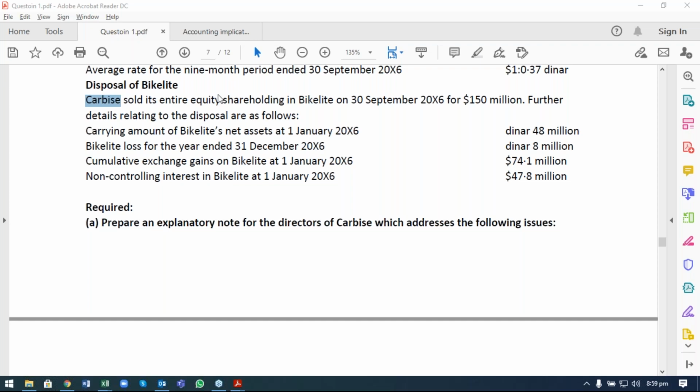So the parent tells the NCIs, this is your total share of profit and loss account and other comprehensive income. I'm not going to bifurcate profit and loss account and other comprehensive income for you. So for NCI, we are not bifurcating between other comprehensive income and profit and loss account.